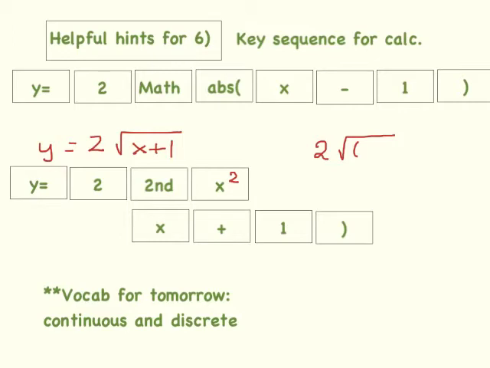So on your calculator, it will have the grouping of parentheses so that the calculator will know that the square root is taken of that whole group. Fill in your table, sketch the graph, answer the questions.